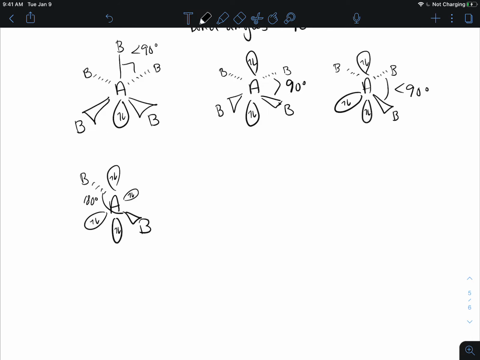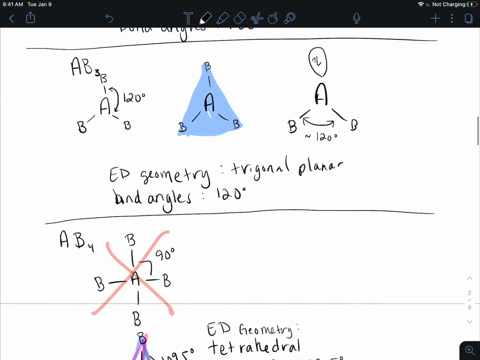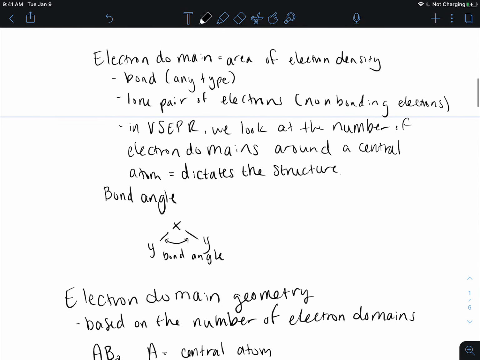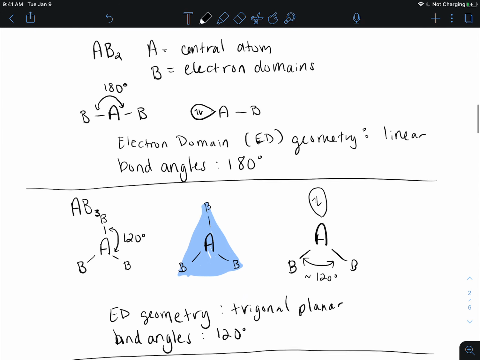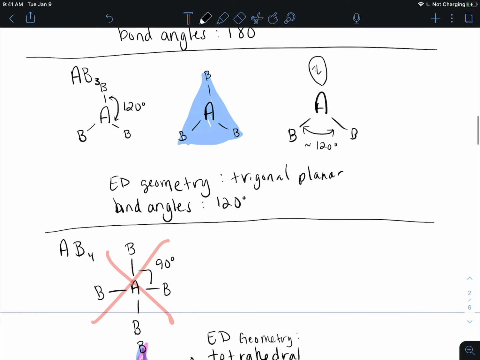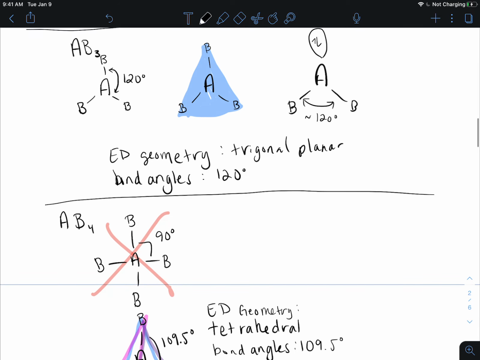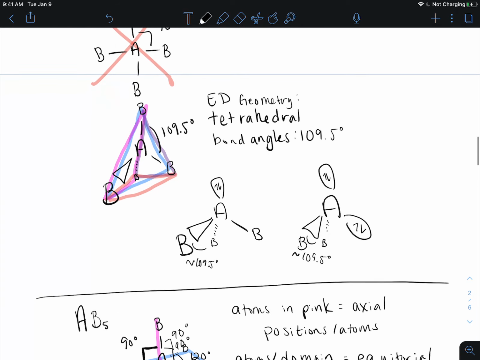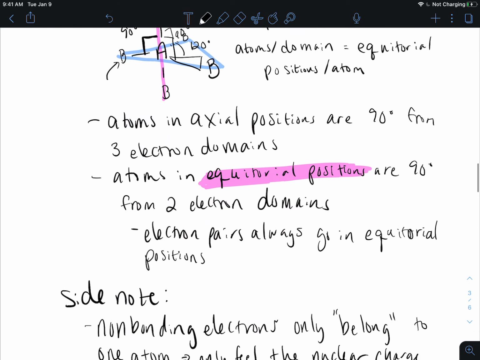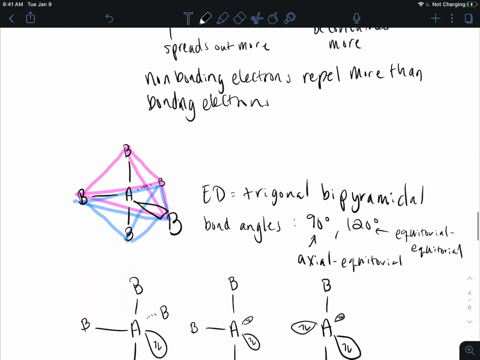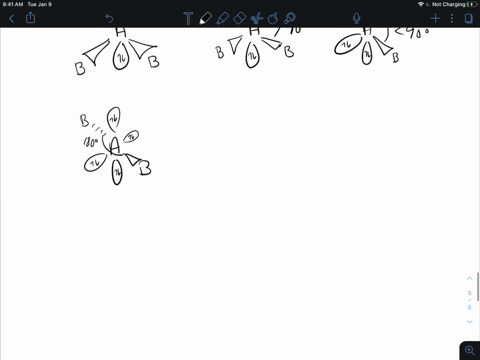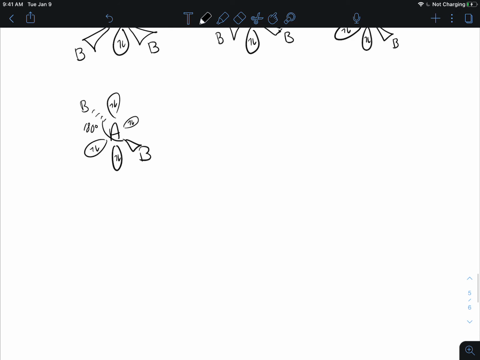Okay, so we've looked at all of our electron pair geometries or electron domain geometries. But I've drawn a bunch of shapes where I've replaced one or more of the atoms with electron pairs. And what we get when we do that is a structure that has a geometry that we can describe in a different way.